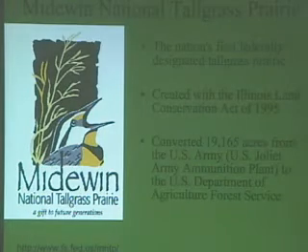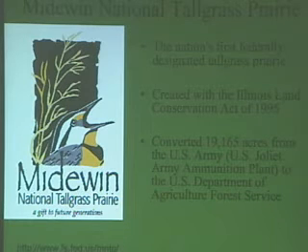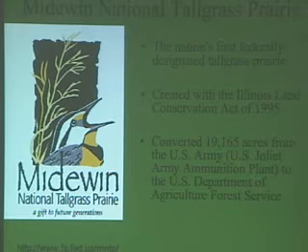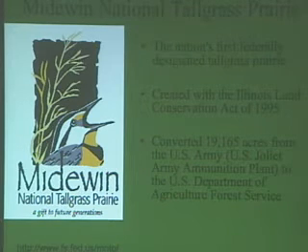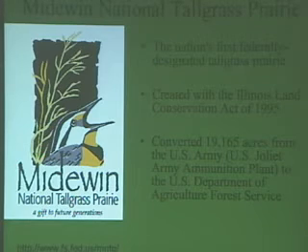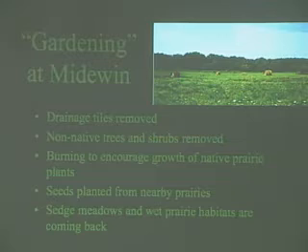And I'd like to finish with the opportunities for restoration. One of the best examples that I know is the Chicago example, where the old Joliet Arsenal, more than 19,000 acres not far from Chicago, has been turned over to USDA. And there, gardening is going on on a very, very large scale. Taking out the drainage tiles, getting rid of the non-native trees and shrubs, introducing burning to encourage the growth of native prairie.